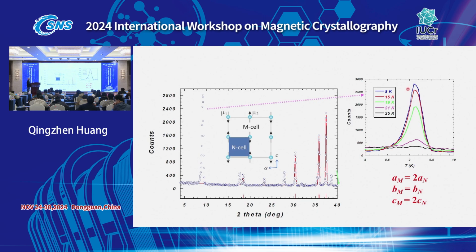This is the magnetic cell and the magnetic peak intensity behavior. Then all of these peaks we try to index, and they can be indexed by double A and double C.